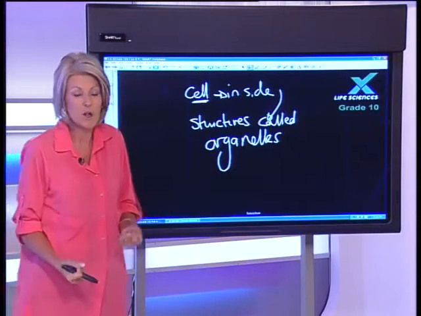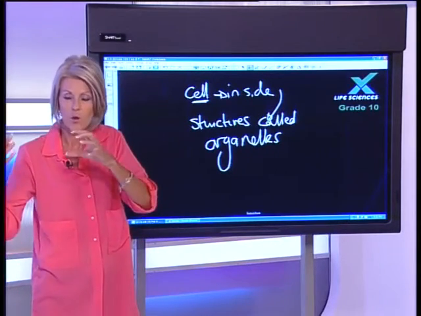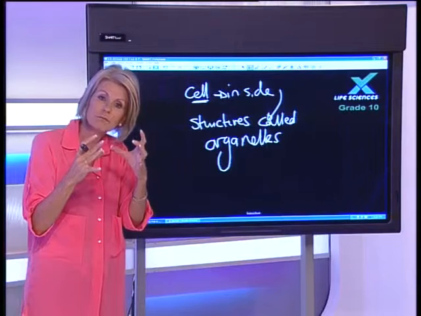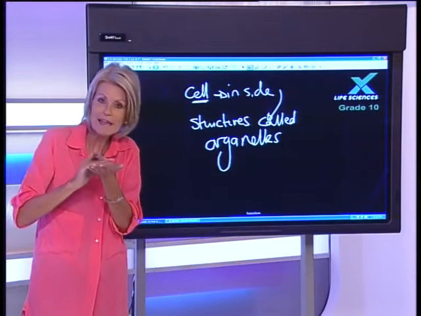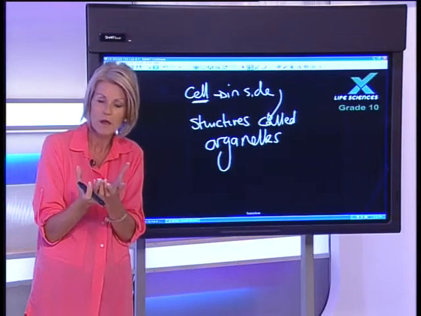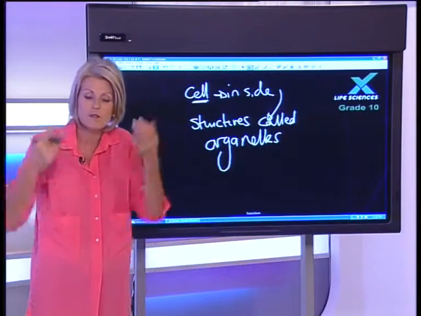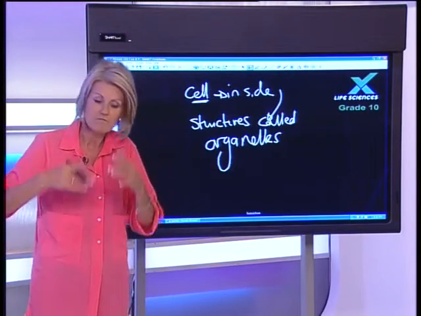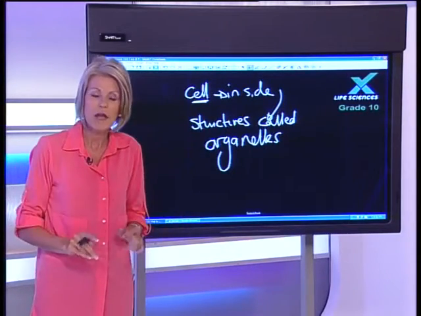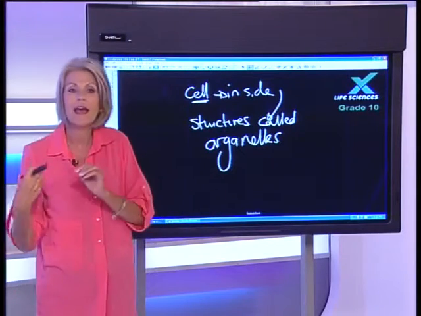We start off with organelles. The organelles make up a cell. Lots of different cells make up tissue. Lots of layers of tissue make an organ. And many organs make one system. Lots of systems make the organism. And that applies to plants and to animals.